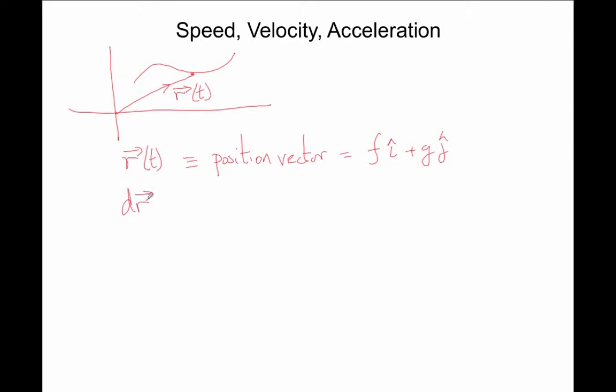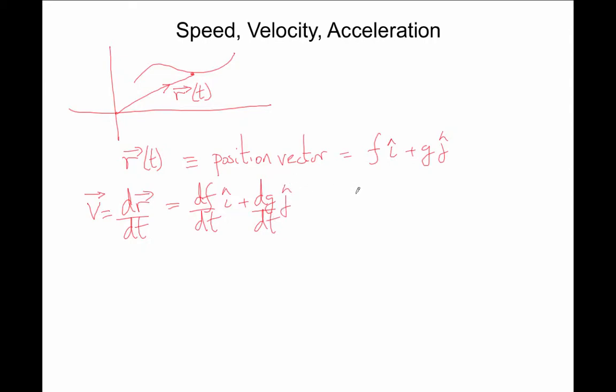The rate of change of the position vector is what we call the velocity vector, that's dr by dt, and that will be df by dt times i plus dg by dt times j.